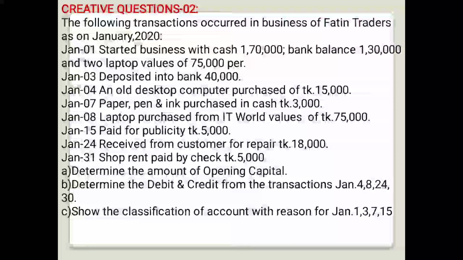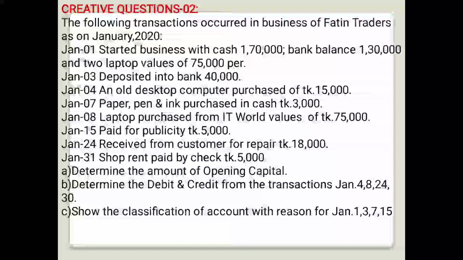So when the bank increases, the bank account is debited, and when cash decreases, the cash account is credited. So in this transaction, bank account debit and cash account credit. Dear learners, I think you are understanding. I discussed regarding this question.